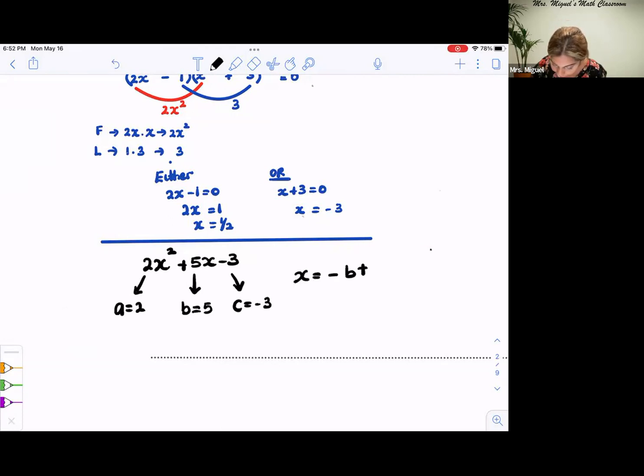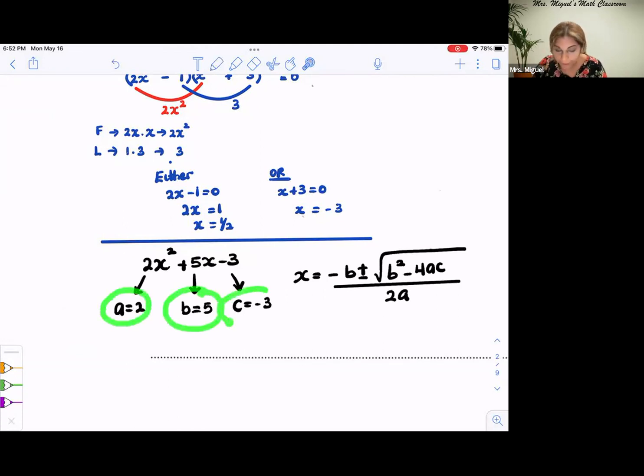minus b plus or minus the square root of b squared minus 4ac all over 2a. Yes, it is looking like a lot, right? But we already identified the values of a, b, and c. So it's just a matter of putting it into the formula and getting the answer.